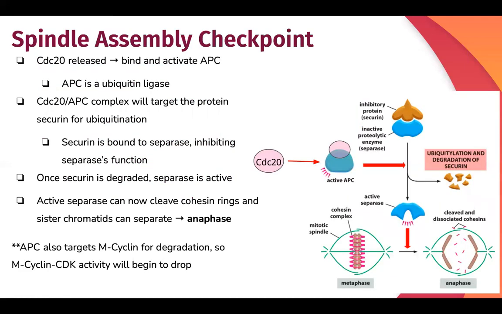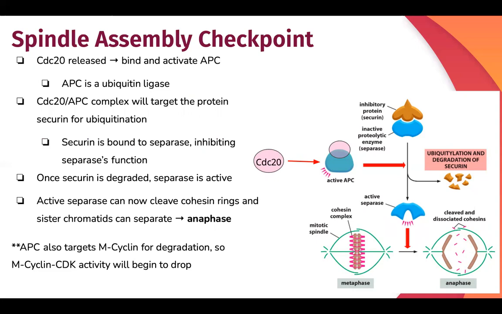The next phase would be anaphase, but in order to get into anaphase, you have your spindle assembly checkpoint. This is during or a little bit after M phase, once the chromosomes are all lined up. In order to separate from each other, because they still have the cohesin rings, they have to be broken apart.